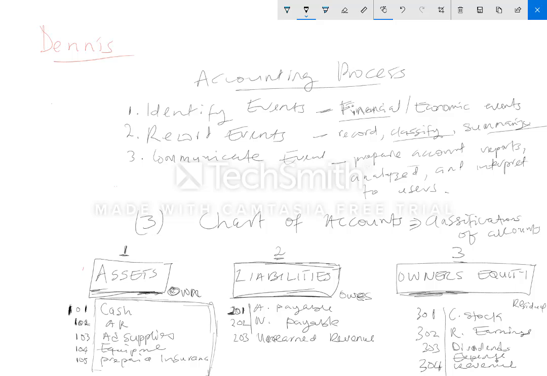It has all sorts of names. So this is the chart of account, and the classification.